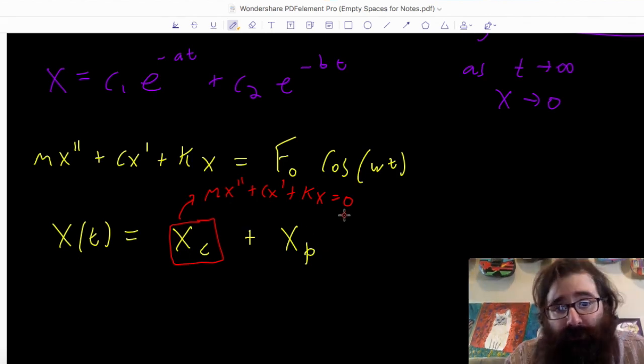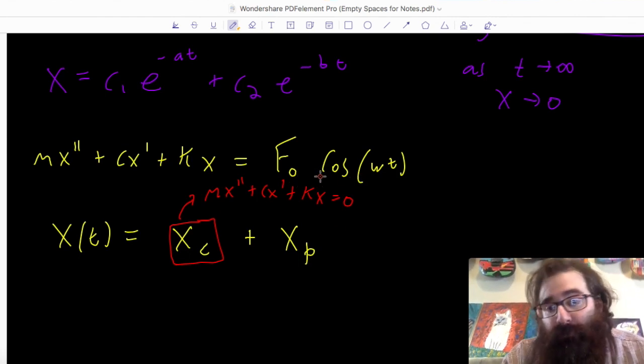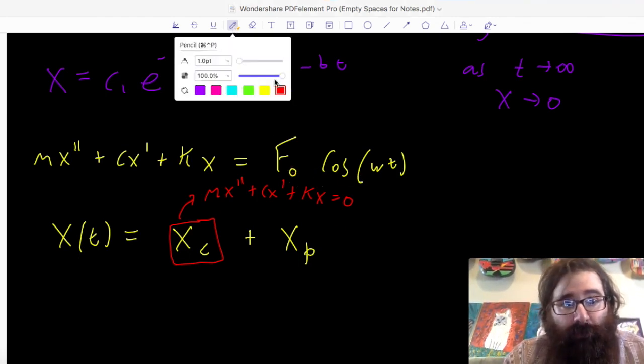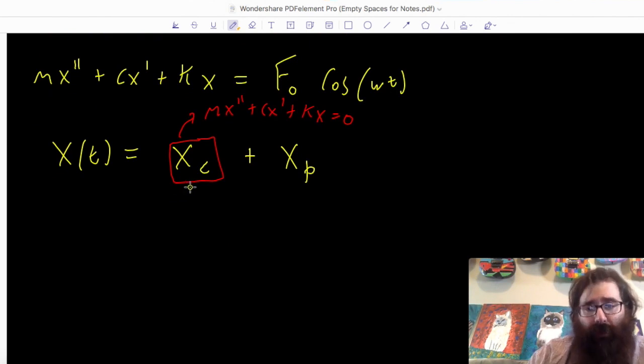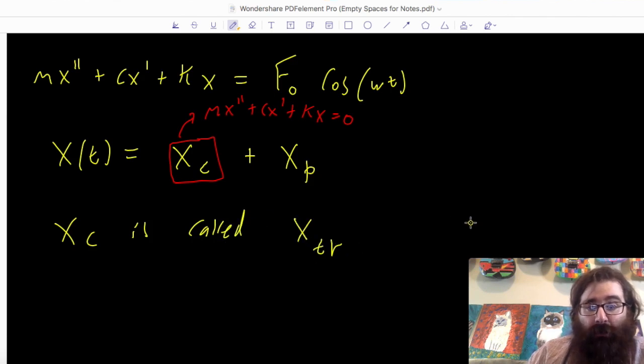Whereas the particular solution refers to working with the method of undetermined coefficients to solve for the non-homogeneous variant. Now, we refer to these a bit differently, so we give them different names. We say x sub c is called x sub tr, which is a transient solution.